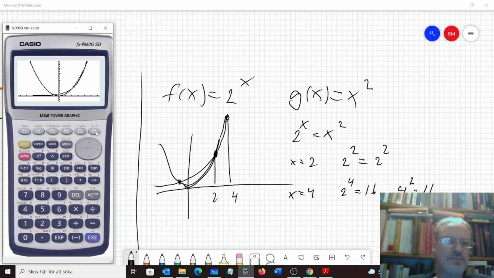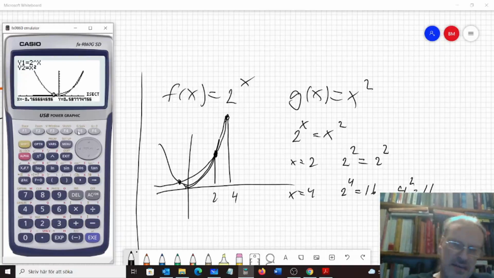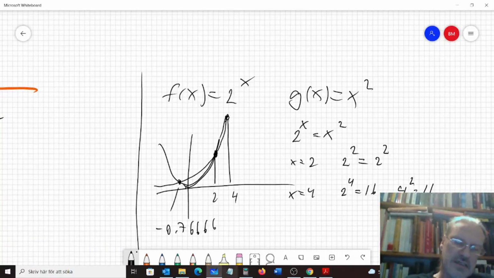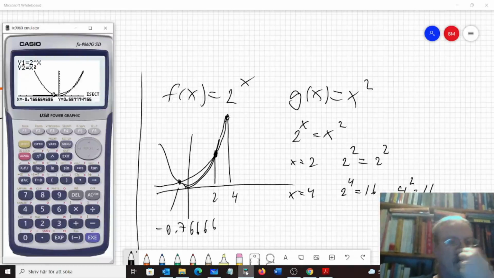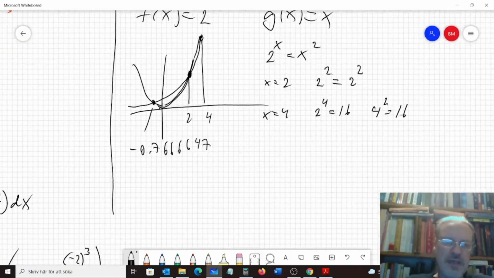Exit, draw, and this is one of the two bubbles we want to work with, and this should be another one. So actually what we would do here is go to gsolve, intersection. We find the first one at minus 0.76666 and 47.